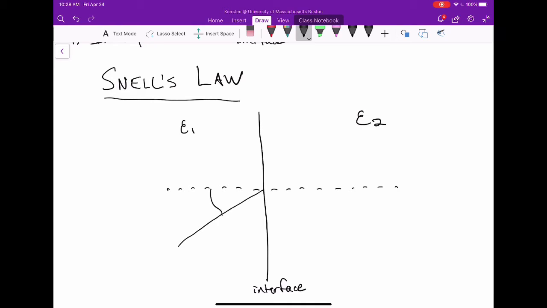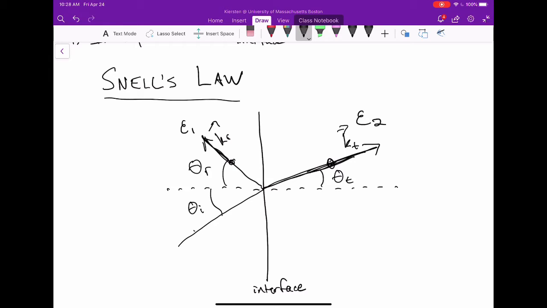And we've got some angle of incidence, some angle of reflection, some angle of transmission, and we've got the wave vectors to go with them. So that's kt, kr, and ki.